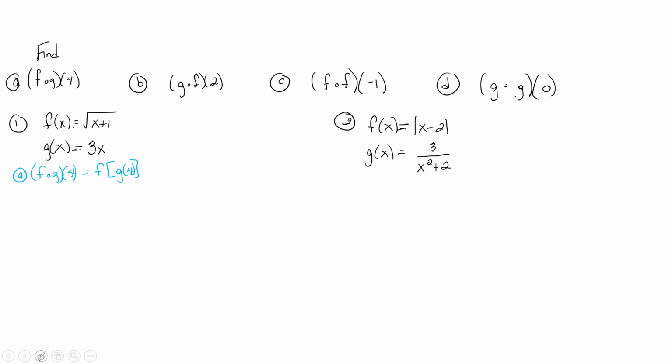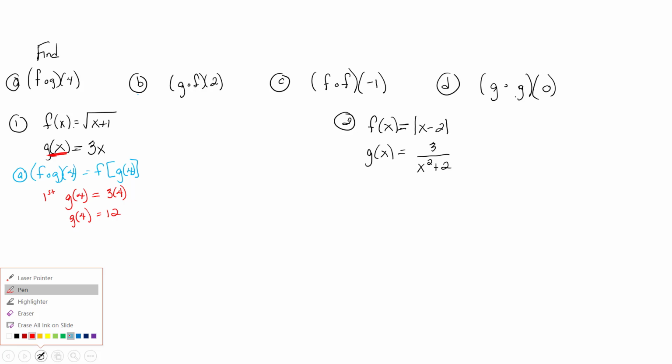I work in the parentheses first, so I need to find g of 4. The g of x function is 3x, which means I take 3 times 4, so g of 4 will equal 12.